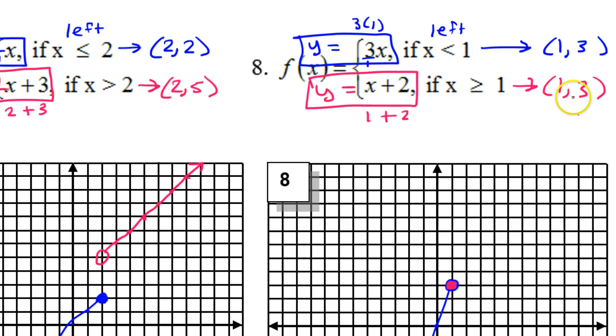Okay, now I'm going to use the slope, which is this invisible 1 over 1, meaning up 1, right 1 from here. So up 1, right 1 from the endpoint will look like this.